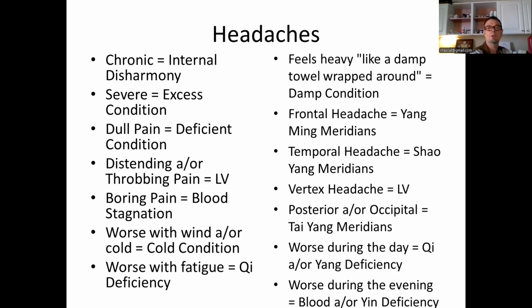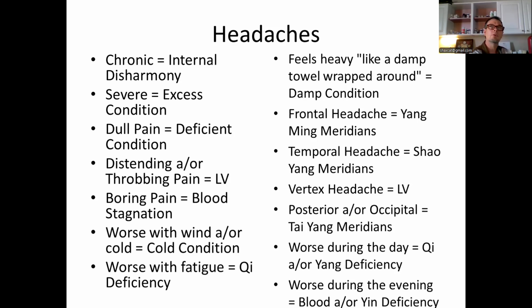Worse during the evening, blood or yin deficiency. Night is the yin time. So if you're having issues in the evening in particular, look and see if there's something going on with the yin, and blood is yin, right?